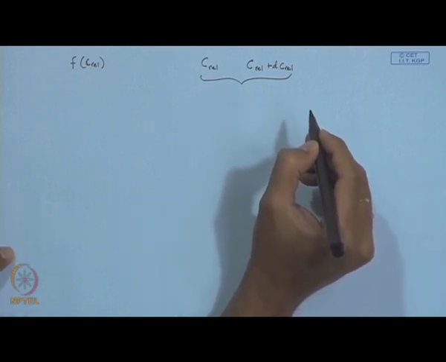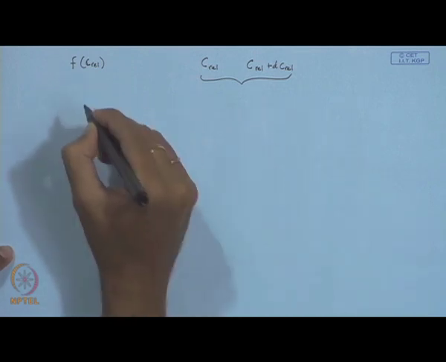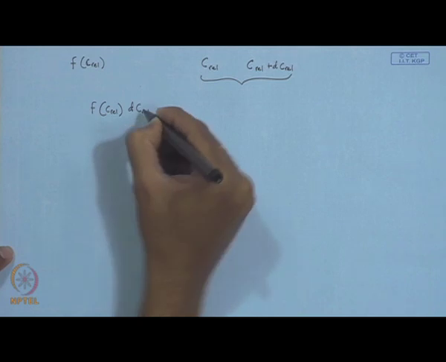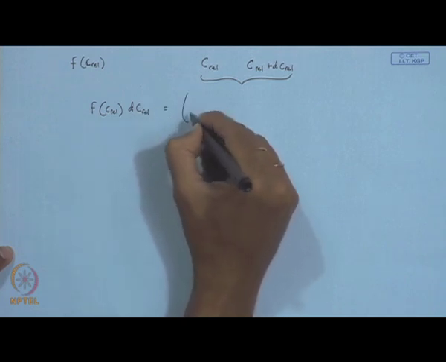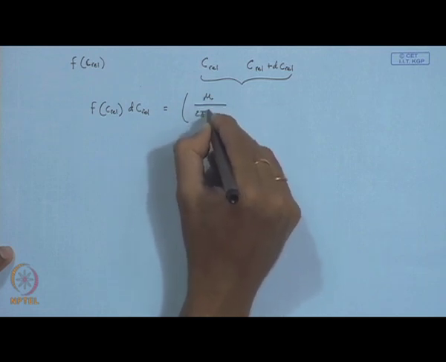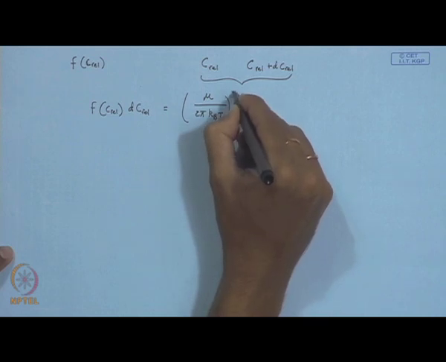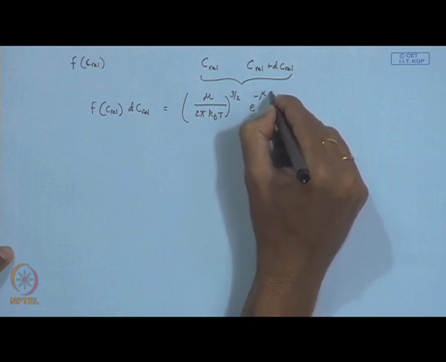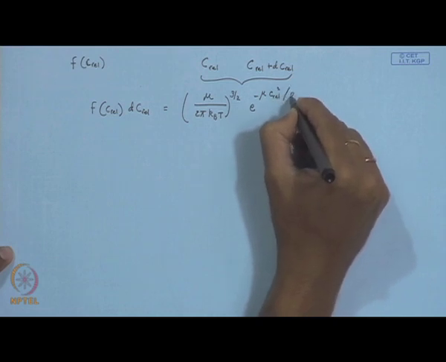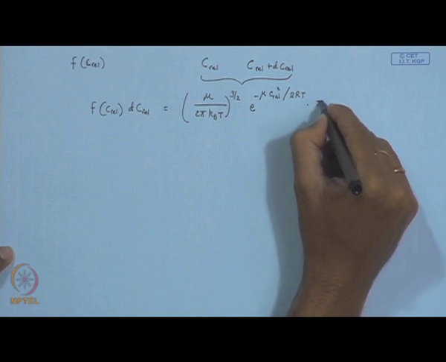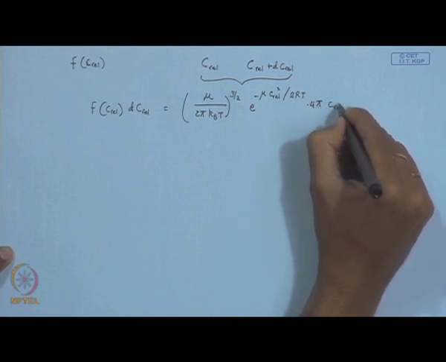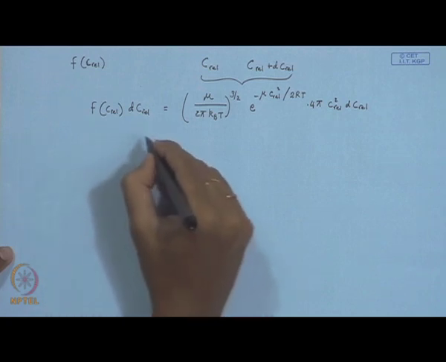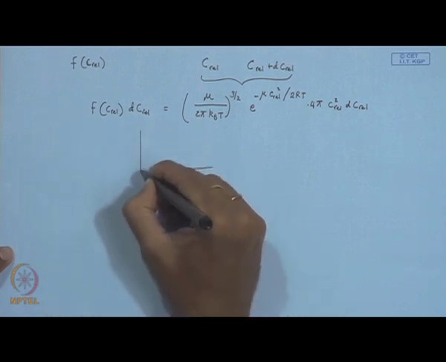So, in that case we have to use the Maxwell's velocity distribution, that f c relative dc relative, okay, which is equal to, you can write in this way, mu by 2 pi k B T to the power 3 by 2, it is a 3 dimensional case, that is why it is 3 by 2, e to the power minus mu c relative square by 2 k T, into 4 pi c square relative d c relative, okay, and if you plot, it will be something like this.